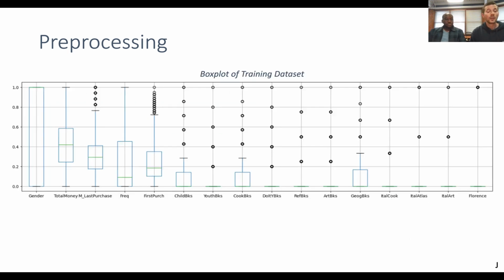All right. Following the preprocessing, the removal of the SEQ and ID numbers, and min-max normalization, I printed this box plot to demonstrate the span of the data and identify any potential outliers that may appear.